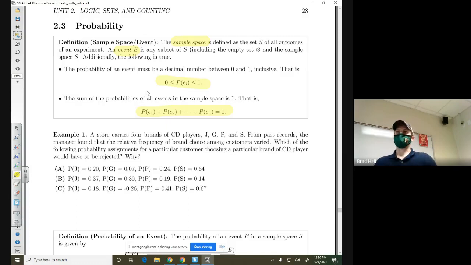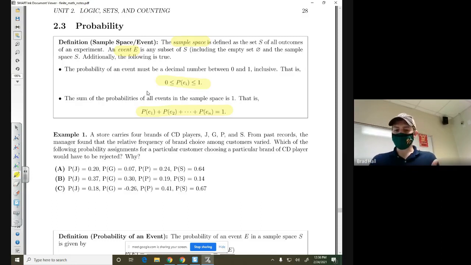It's basically saying that when you have the probability of drawing a brown M&M, a red M&M, a blue one, and you add all those probabilities together, this is the total number of potential outcomes that can happen. So these are just two properties of probabilities: you always have to have a probability between 0 and 1, and the sum of all the probabilities has to be 1, which immediately leads directly into example 1.